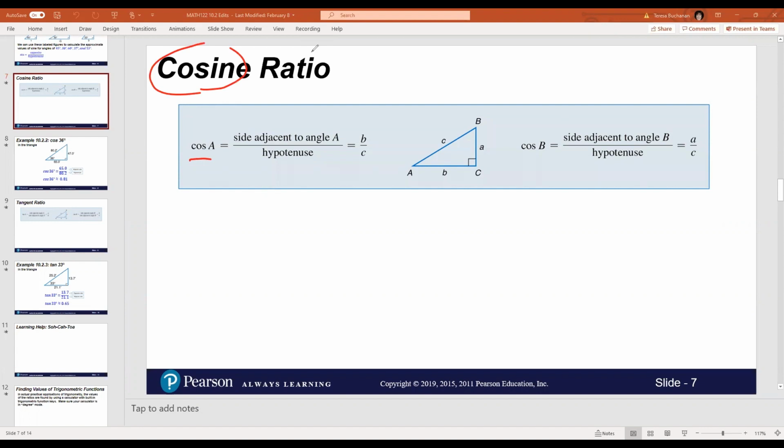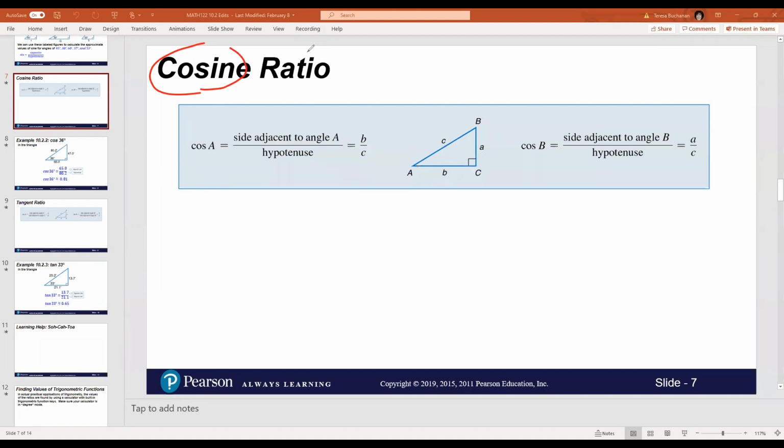Cosine says, if I am referring to angle A, I should compare the length of the adjacent side, not the opposite, to the hypotenuse. So for this triangle, cosine of angle A is B over C.